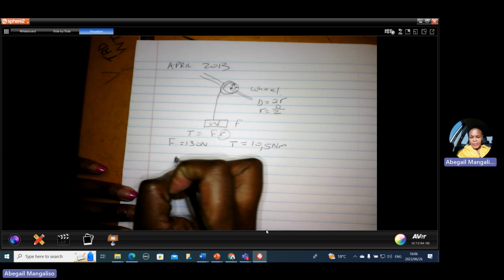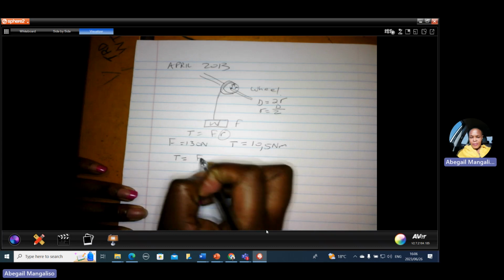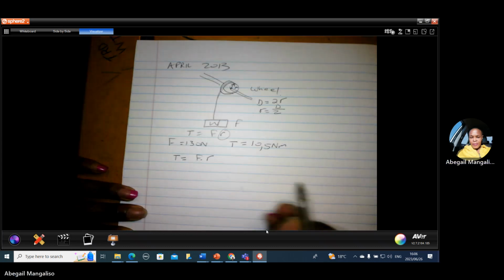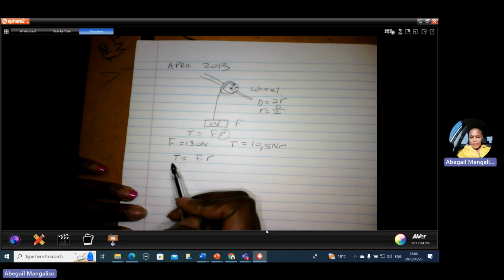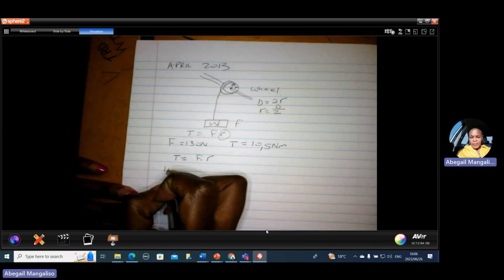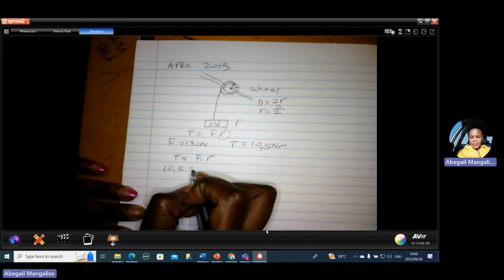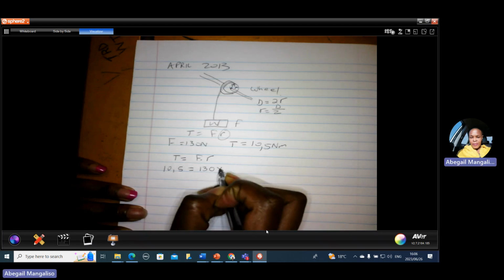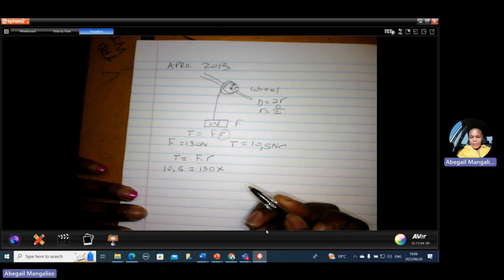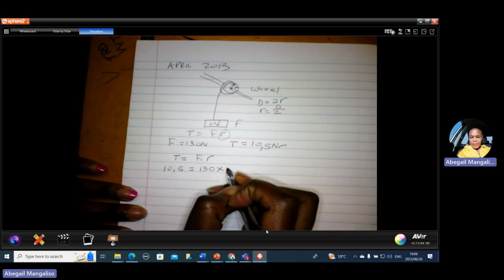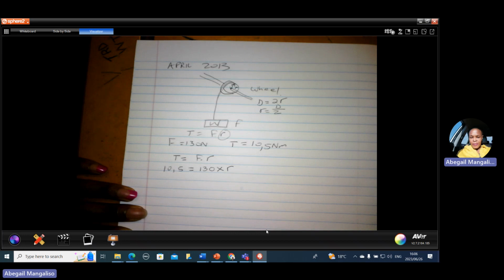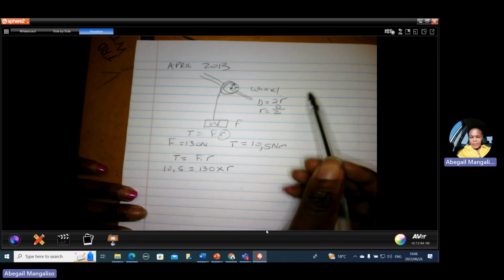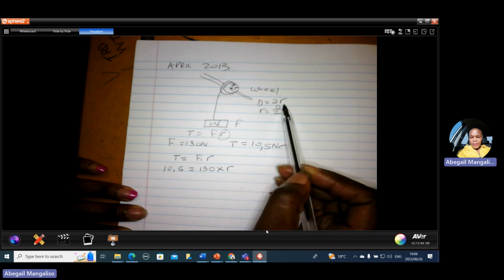Torque is given as F times R. So 10.5 equals the force, which is 130, multiplied by the radius. The radius is the unknown. There is no formula that involves diameter, but you can get the radius, then double it to get the diameter.